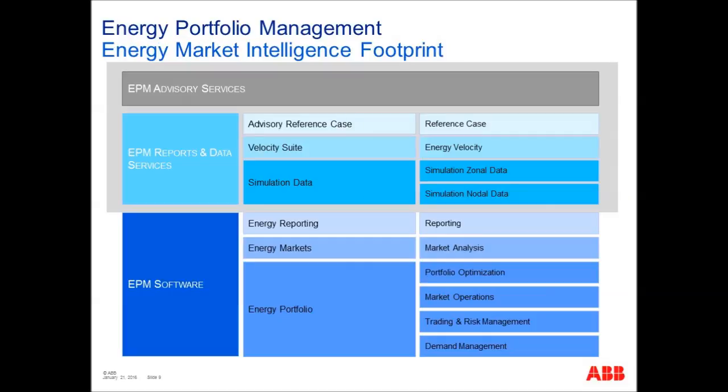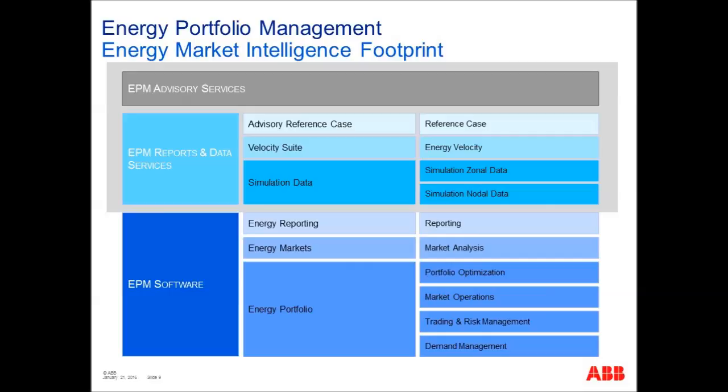On our market intelligence footprint, EPM Advisory Services is where I am in the consulting group. Many of you are familiar with our data services, in particular the reference case, which is a fundamental analysis of the national grid and develops all the commodity forecasts that then feed into a typical planning tool.